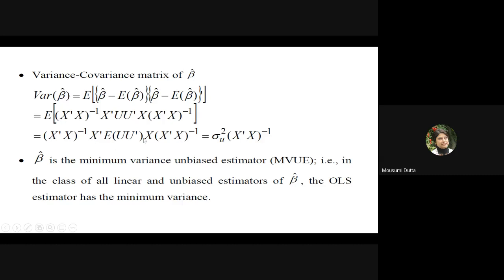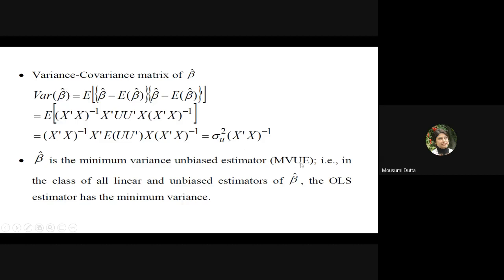If we multiply this with anything, we will get back that thing only because it is identity. So sigma u square I'm keeping outside. I am multiplying with x prime x. So I'm getting x prime x inverse, x prime x prime x inverse. So one x prime x will be adjusted with one x prime x inverse and we will get a single x prime x inverse. So finally, the variance covariance matrix of beta hat OLS is given by sigma u square x prime x inverse.